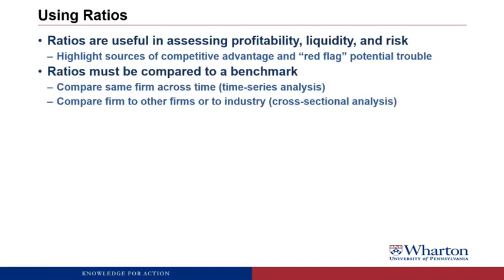There are no absolute benchmarks, so there's nothing like ROE, return on equity greater than 0.16 is great, below 0.16 is bad. They have to be compared either to the same firm across time, so we call it time series analysis, so we're looking at trends for the firm, or compare the firm to other firms or to the industry, what's called a cross-sectional analysis.